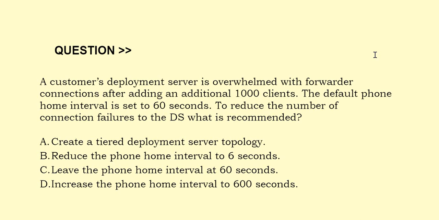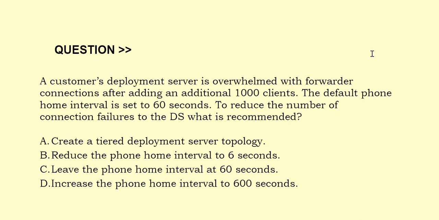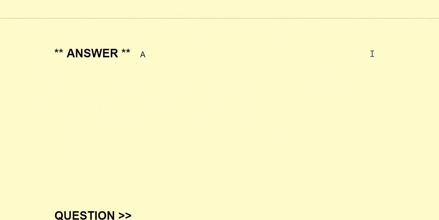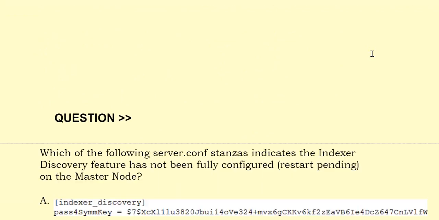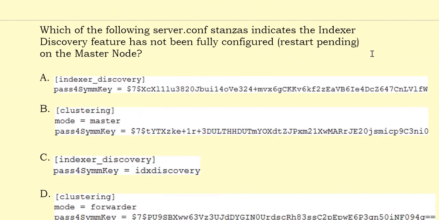Option D. Increase the phone home interval to 6000 seconds. The correct answer is option A. Moving towards the next question.